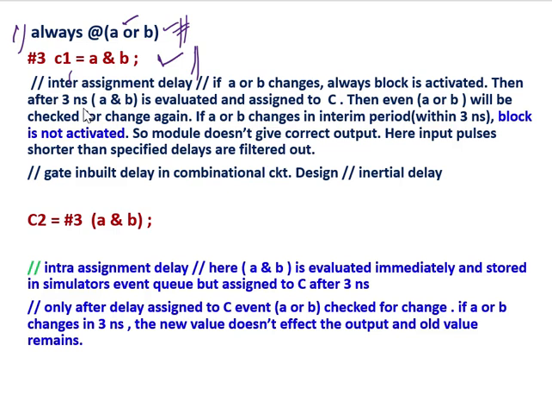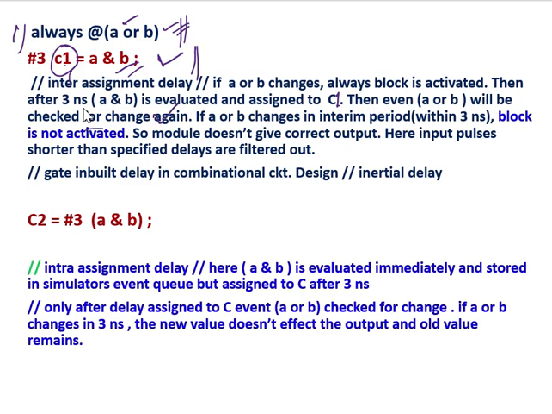Then the value of A and B will be assigned to C1. In the meanwhile, once A or B changes, after 3 nanoseconds C1 will be updated, but within that 3 nanoseconds it will continuously check whether there is any change in A or B. So it will be checked for change again.